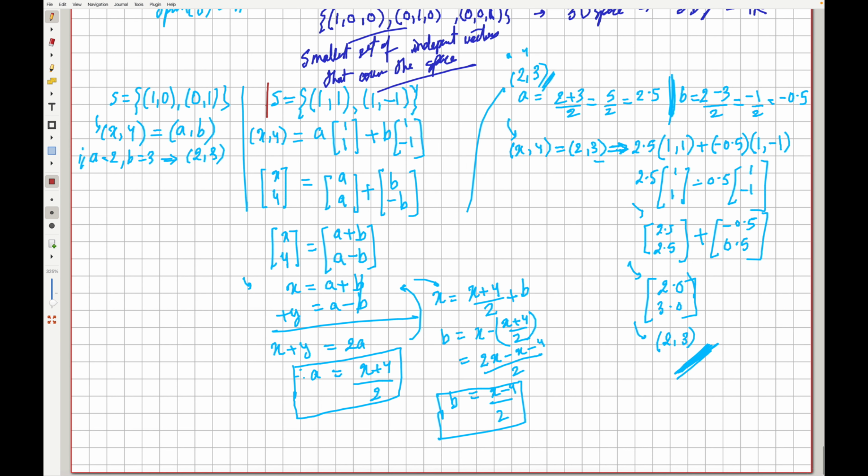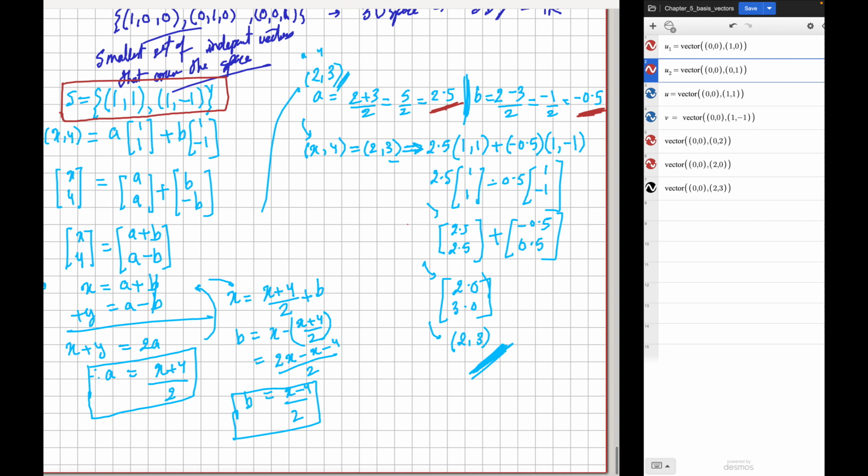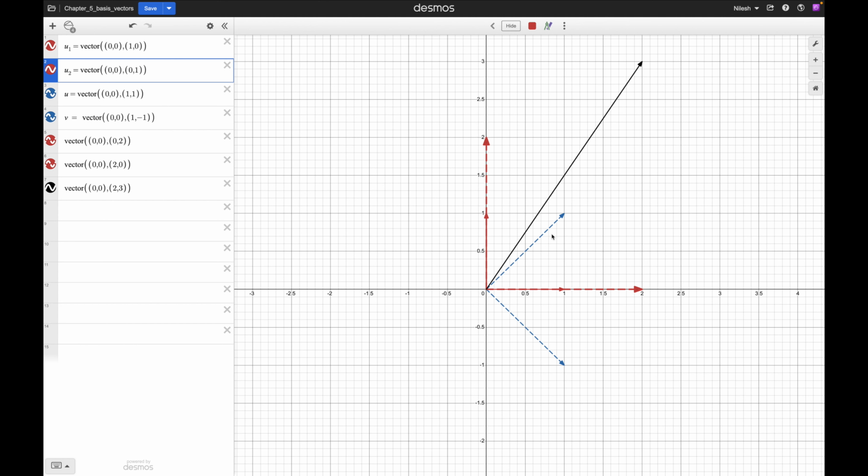What was different as compared to the standard set of basis vectors are the values of a and b. In the earlier case, the values of a and b were 2 and 3, and this time the values of a and b were 2.5 and minus 0.5 to reach the same vector 2 3, and we already see that in here.